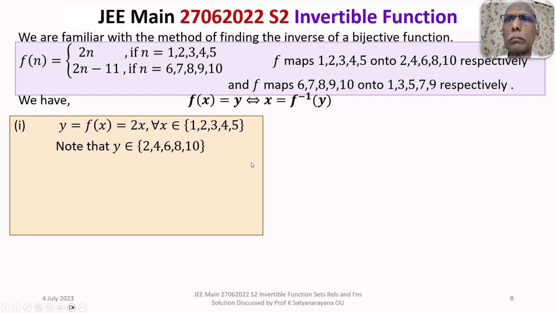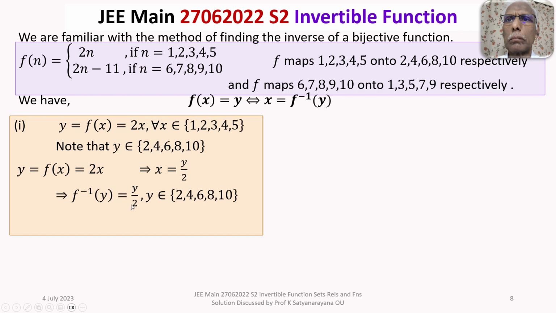So y is equal to 2x, then x will be y by 2. What is x? x is f inverse y. So f inverse y is equal to y by 2 for all y belongs to {2, 4, 6, 8, 10}.